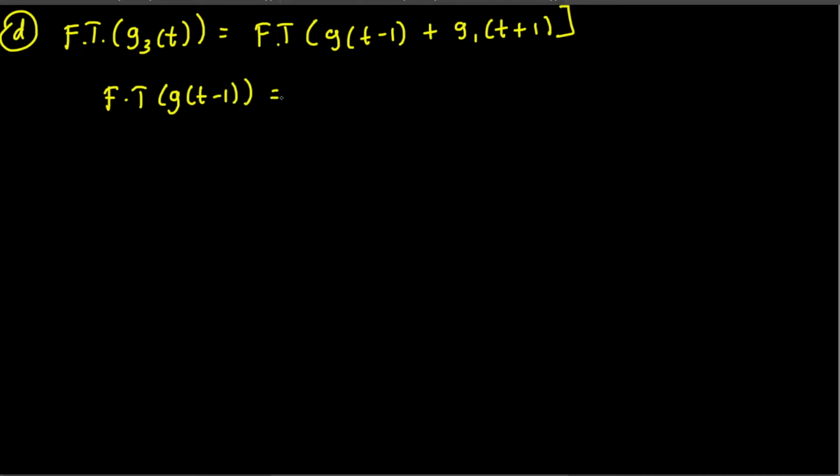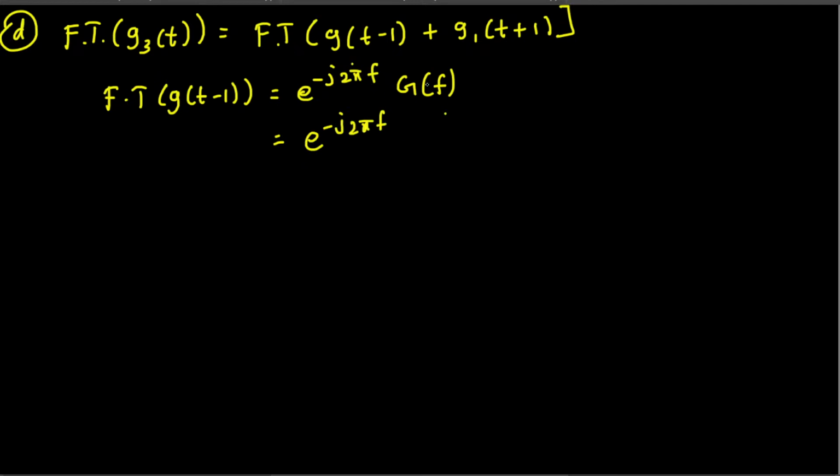That is basically you multiply the g of f value with this constant, that is e power minus j 2 phi f, multiplied by the Fourier transform of g of t. And the Fourier transform of g of t, we already know. That's the first value we have here.